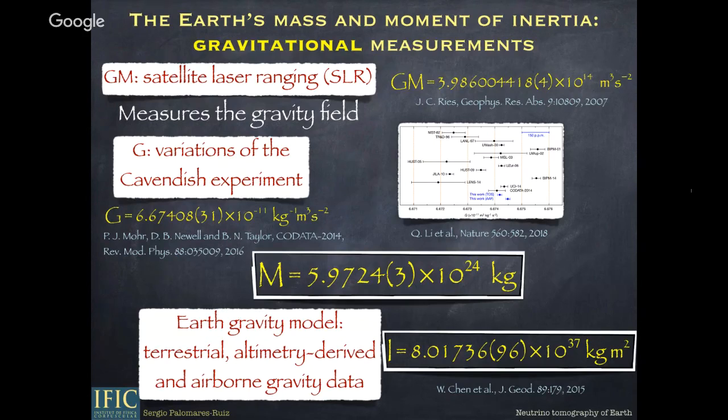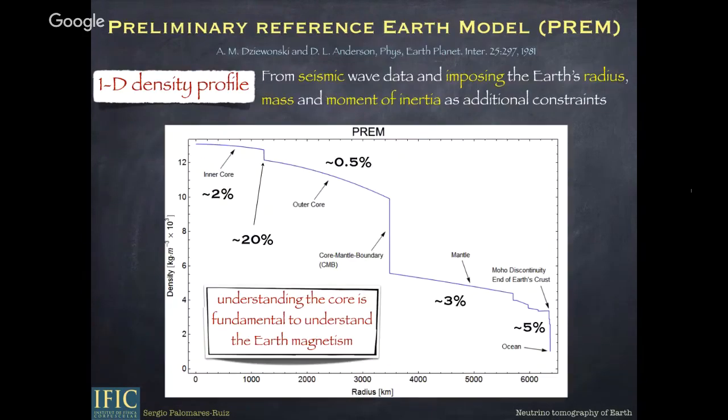So with all this at hand, geophysicists could obtain these models of the Earth. One can do a simplified model of the Earth, assuming that the Earth is spherically symmetric. This is just a first-order approximation, which works reasonably well.